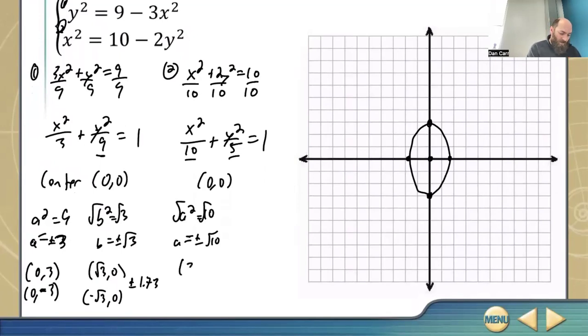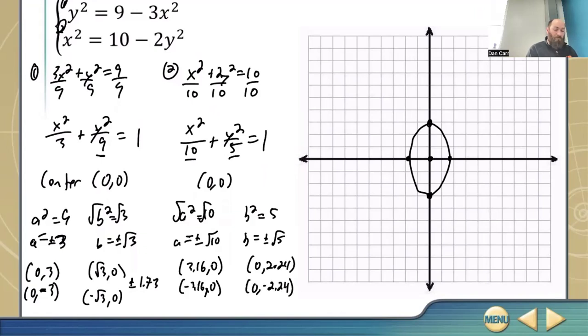So it's going to be 3.16, 0 and negative 3.16, 0. And b squared is equal to 5. When I square root of that, that's going to be plus or minus root 5, which is going to go 0, 2.24, and 0, negative 2.24. Okay, so I'll graph those real quick there.